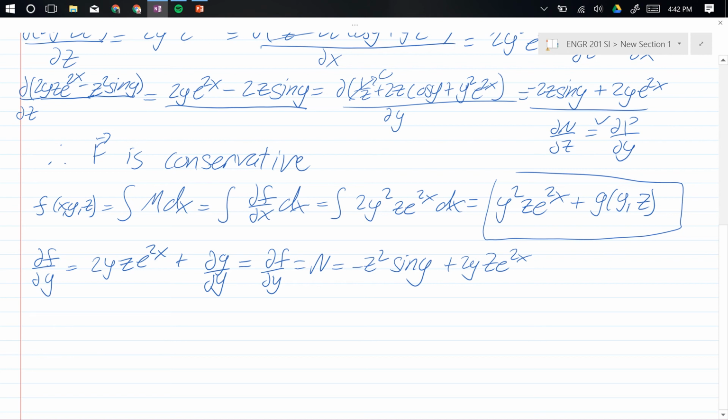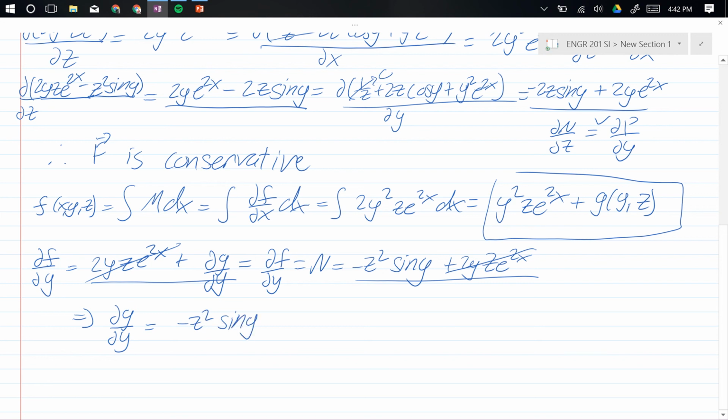So what I mean by that is we set these two things equal to each other, which we did here, and find what doesn't fit. So if we have these two terms here and cross these out, we can then say partial of g, partial of y equals negative z squared sine y.